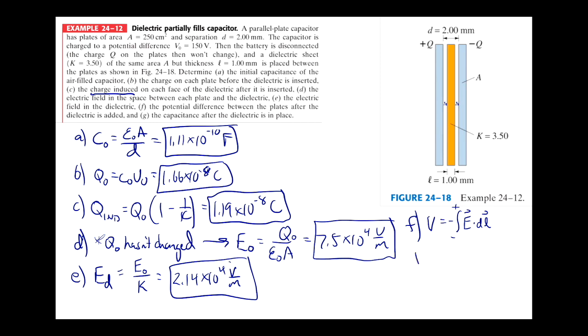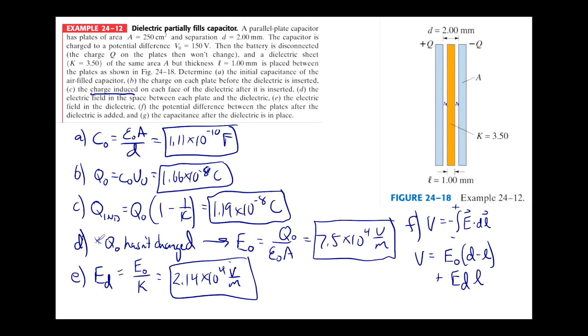So we need to break this into two parts. We could say that this is E times D minus L. D minus L just gives me the space or the path where there is no dielectric. D is the full spacing, L is the width of the dielectric. And we can add to that the electric field in the dielectric times the distance over which that electric field is occurring.